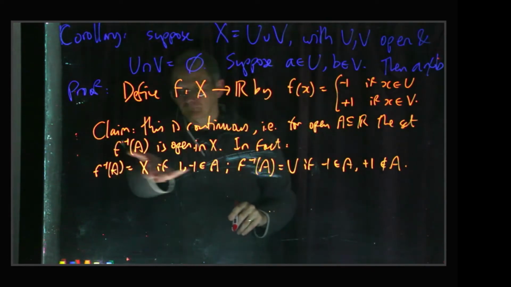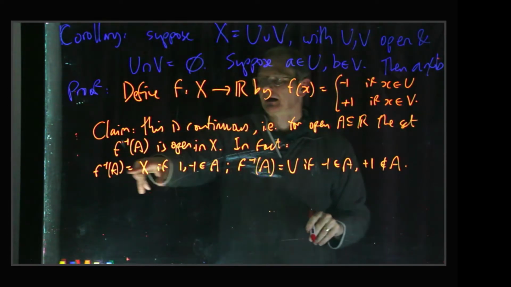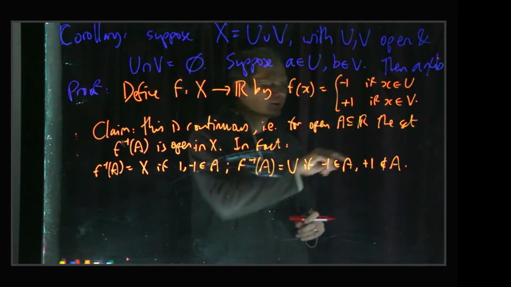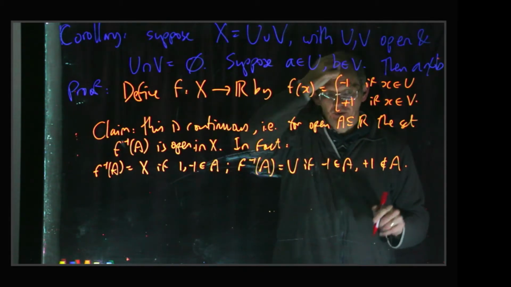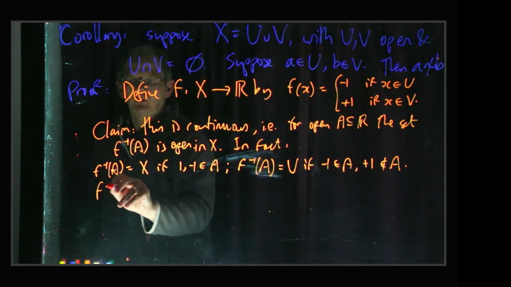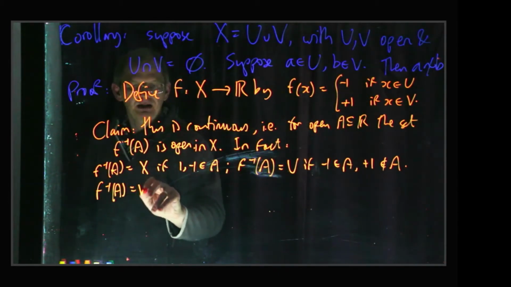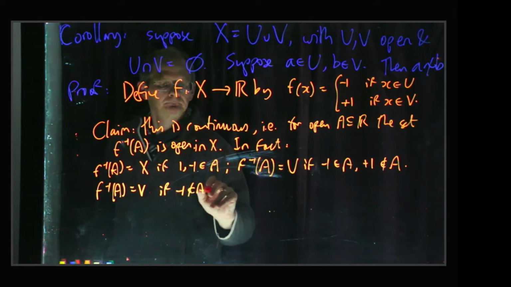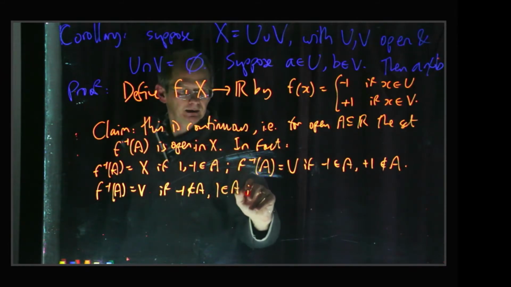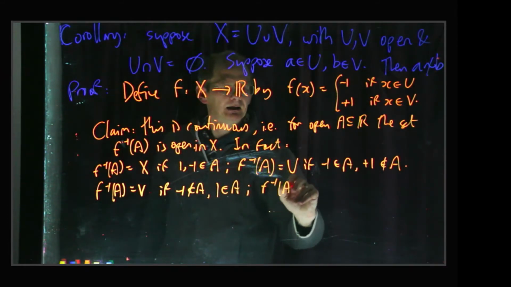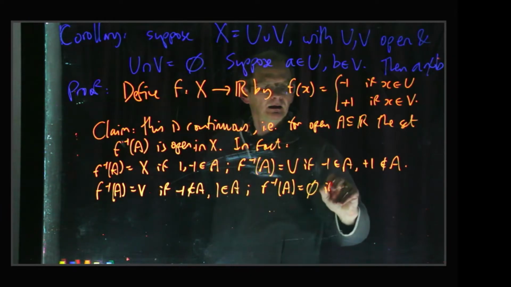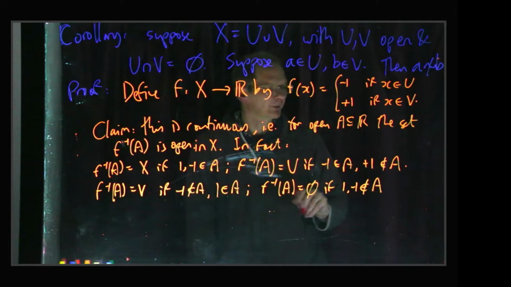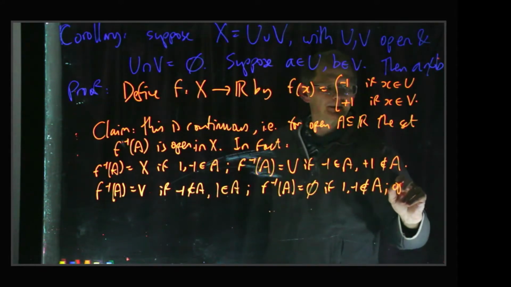So most obvious case, if both 1 and -1 lie in A, then f inverse of A is going to be the whole space X. If -1 is in A and 1 isn't, then f inverse A is going to be U. If -1 is not in A and 1 is in A, then f inverse A is V. And f inverse A is empty if neither 1 nor -1 lies in A, and it's open in all cases.